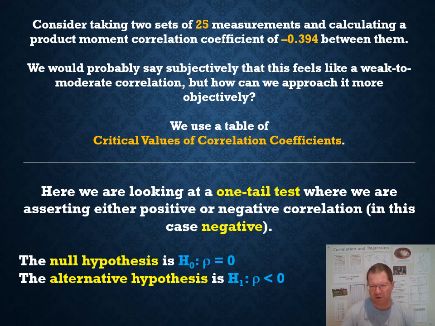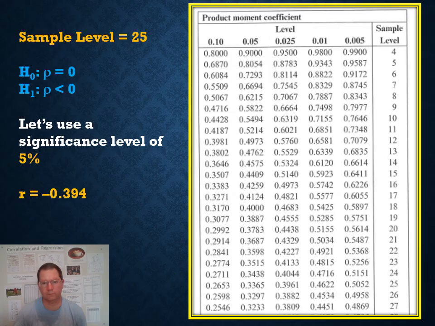So that's always our null hypothesis, that there is no correlation at all. And in this case, we're investigating the alternative hypothesis that H1 has rho as less than 0, i.e. there is negative correlation. So up till now, we've been used to using R for our correlation coefficient. When we're doing hypothesis testing, we use rho, which is the Greek letter for R.